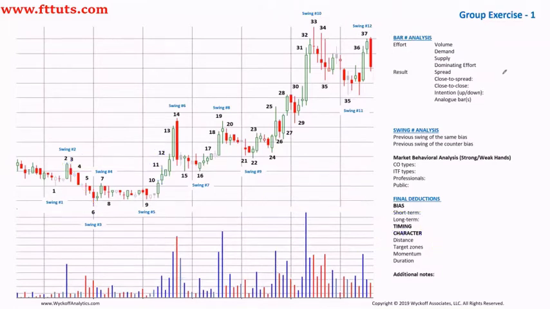volume characteristic. Let me ask you this tricky question, Rick. Where do you think there is more supply, on bar number 11 or bar number 12? What do you think?